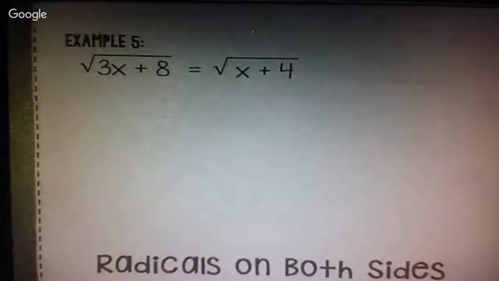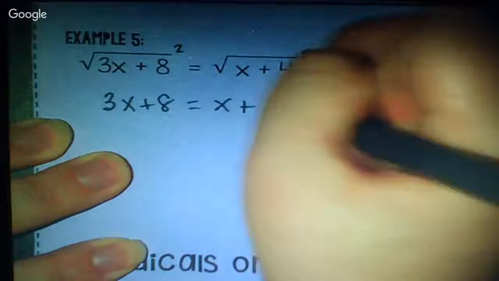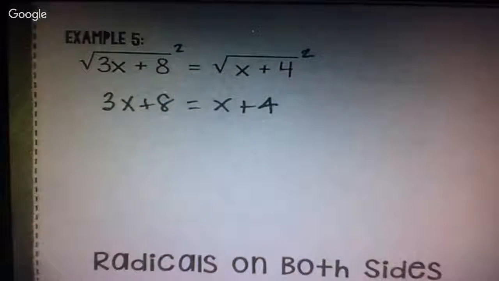So, example number 5. We do the same thing when you end up with radicals on both sides. We square both sides. So we're left with 3x plus 8 equals x plus 4. This time, I would move my x's to the left to keep it positive.